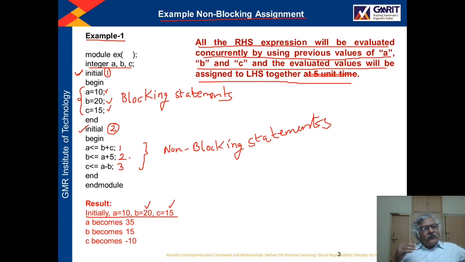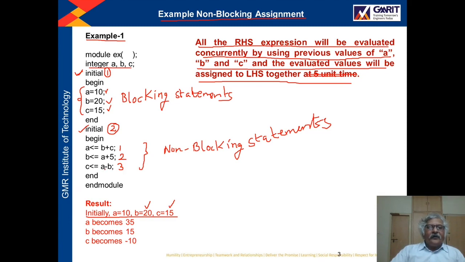Now the third statement is also executing parallelly with statement 1 and statement 2. Statement 3 is A minus B assigned to C. Since A in statement 1 is not updated, and B of statement 2 is also not updated, in statement 3 the previous values of A and B are used.